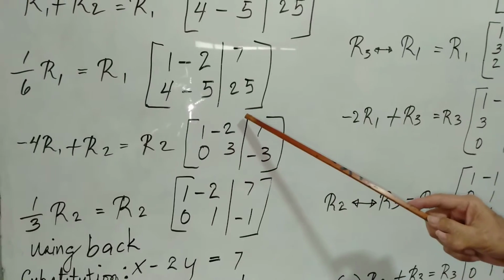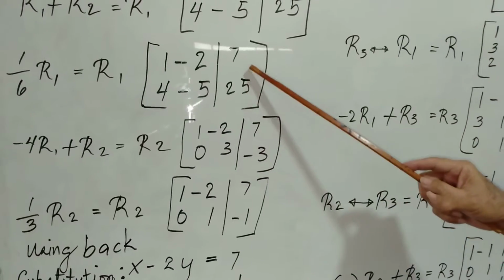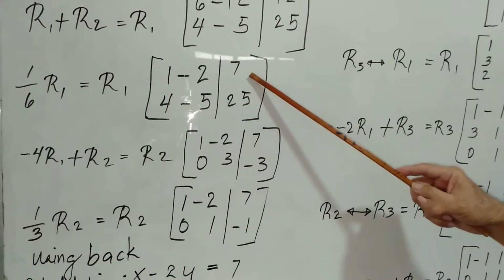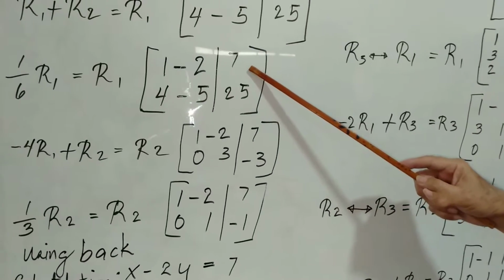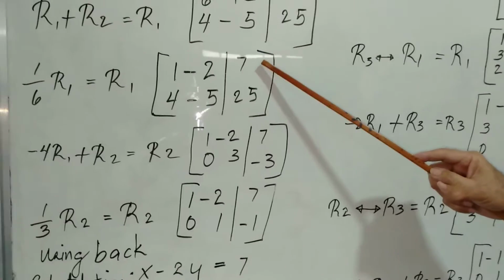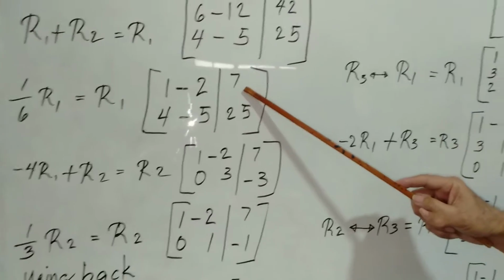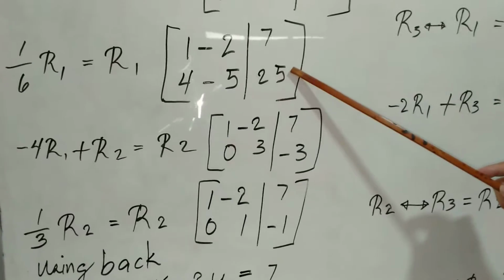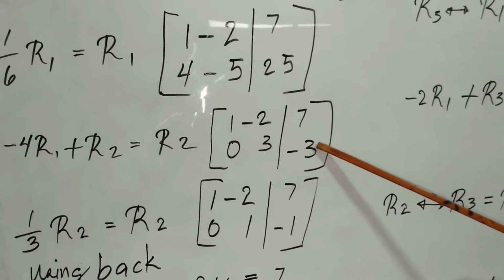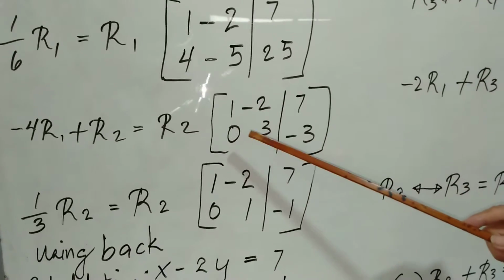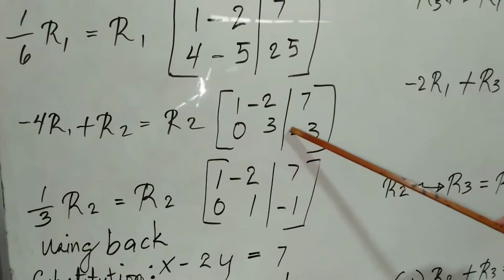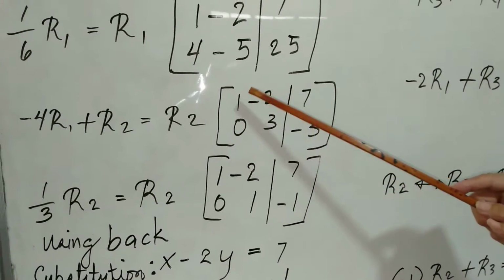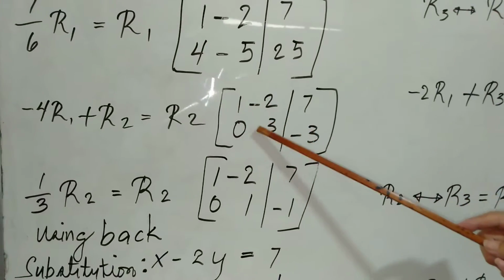Negative 4 times 7 is negative 28, plus 25 is negative 3. So we now have a 0, 3, and negative 3, and a leading 1 in our first row.